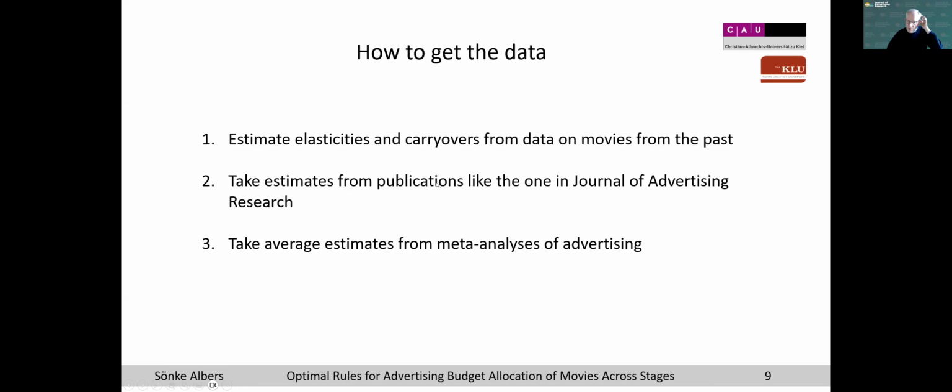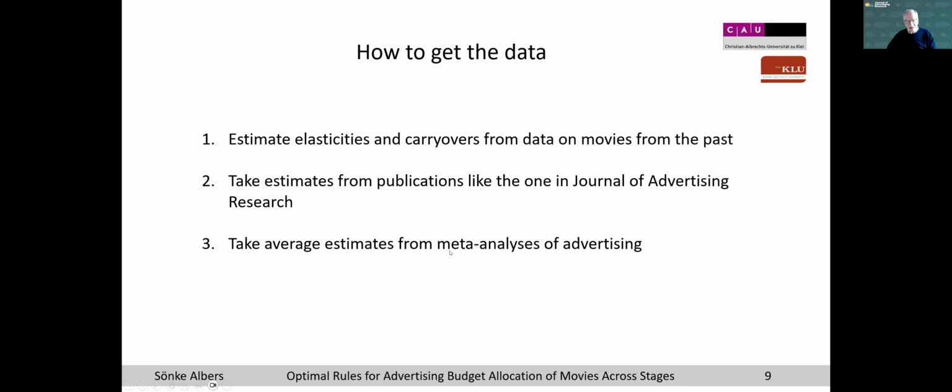If you do not find publications for your own problem, you may also go to meta-analyses of advertising. A meta-analysis is an analysis of many individual studies. So they collect all individual studies on advertising, or on advertising of entertainment products, or on advertising of movies as a special case.